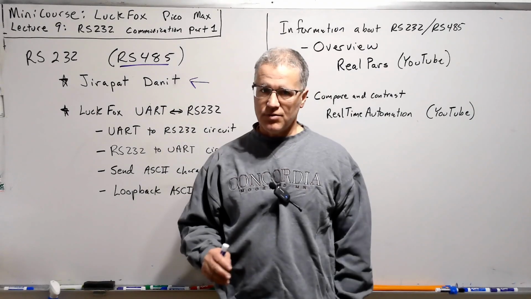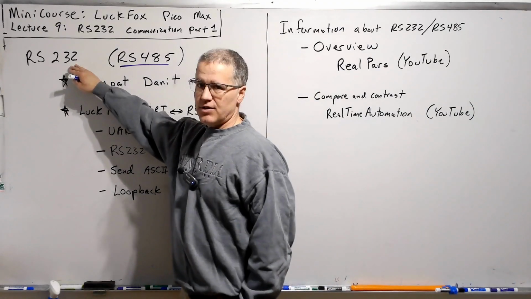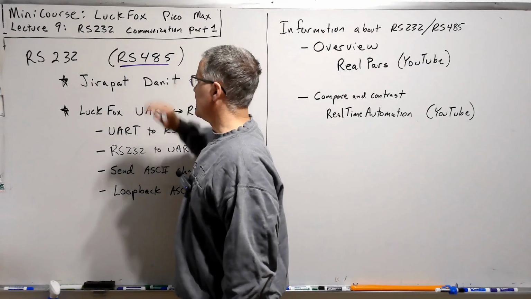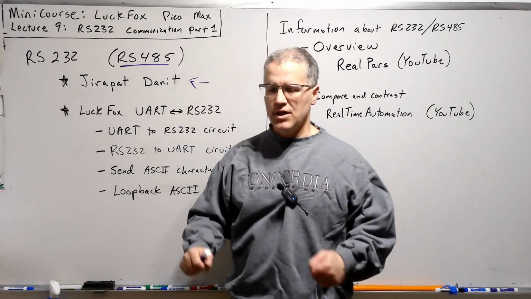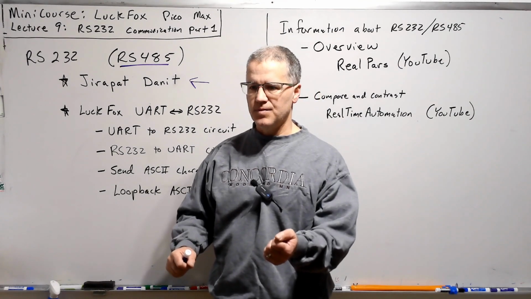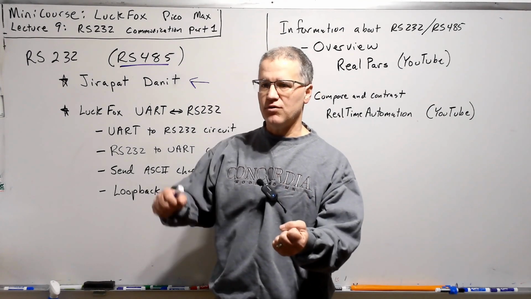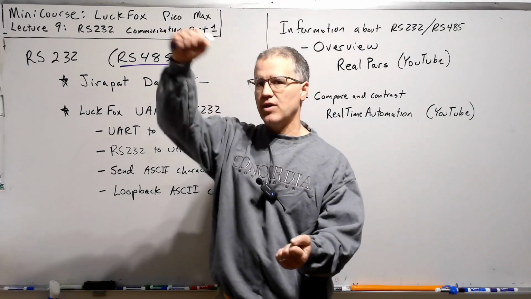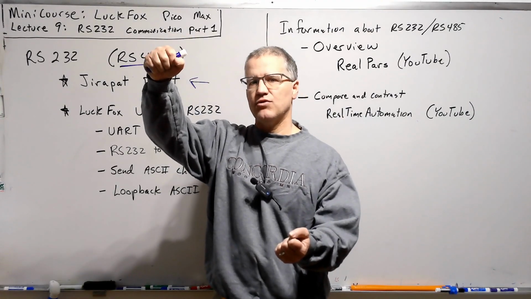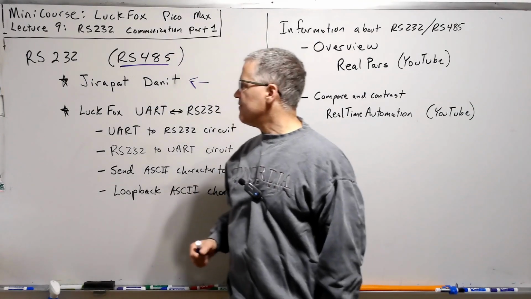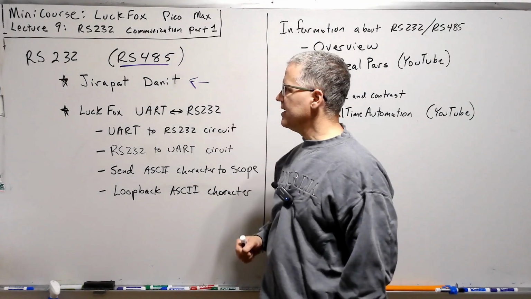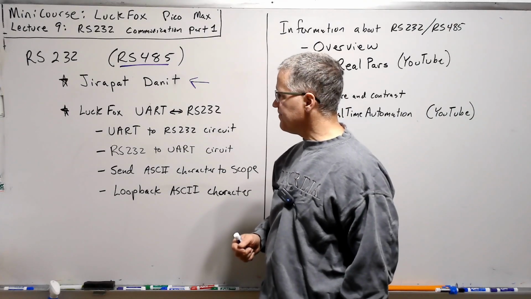They're very similar protocols. This is an earlier one by quite a number of years. This is a later one. This primarily runs between a -9 volt as a low signal and the +9 volts as the high. It idles low and then goes high for sending characters such as ASCII characters.